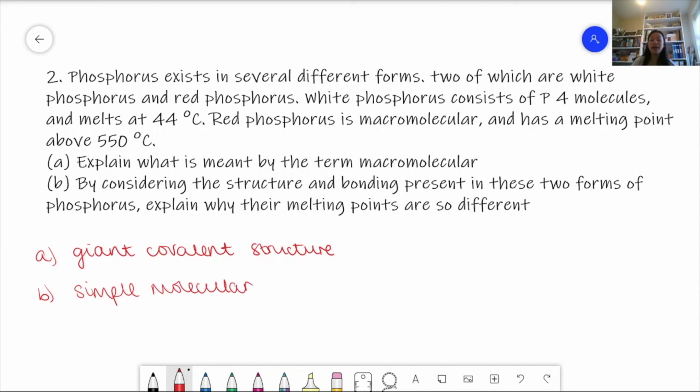And in simple molecular structures, it's not the strong covalent bonds that we're trying to break. We're actually breaking the weaker bonds, which are the weaker intermolecular forces, which are between the molecules.